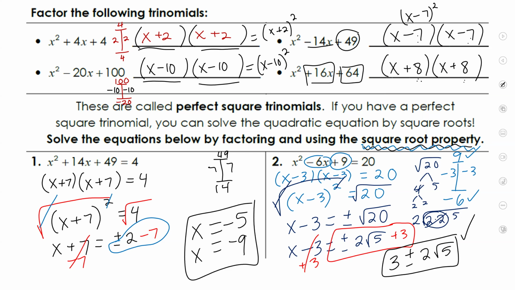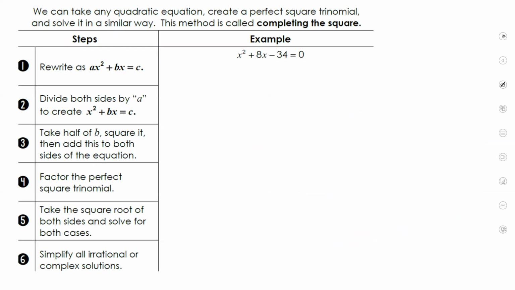All right, now let's continue learning about the square root property. Okay, so I have the steps here on how to do the square root property, okay? Because notice, right now, I don't have a perfect square trinomial like I did in the last example.